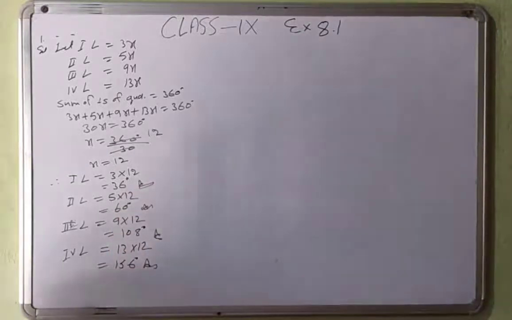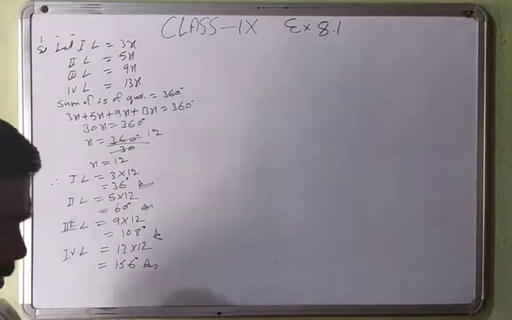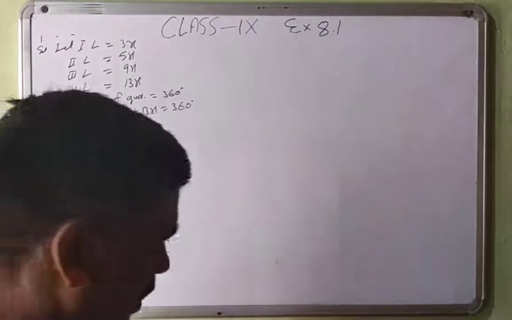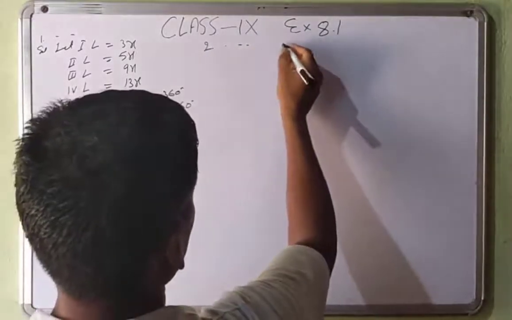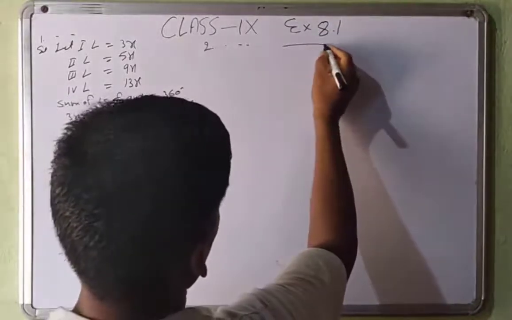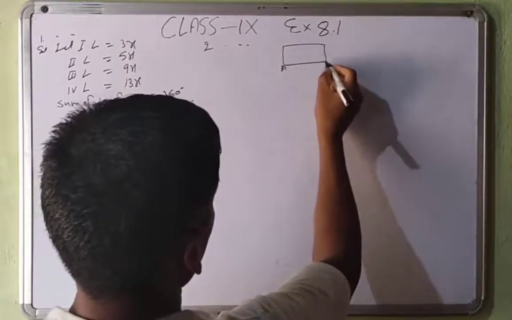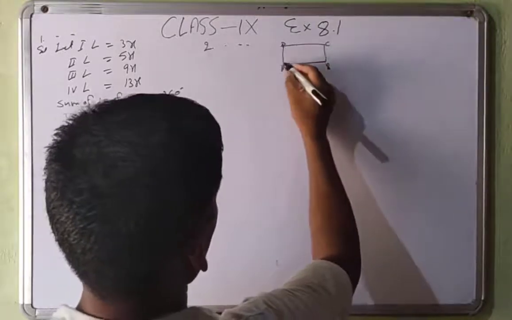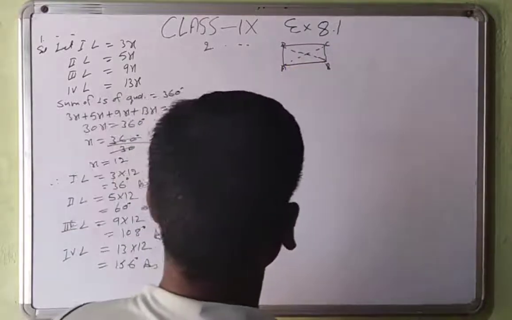And the second question: if the diagonals of a parallelogram are equal, then show that it is a rectangle. So the diagram will be this one. Suppose this is a parallelogram ABCD, and the diagonals are also given equal.